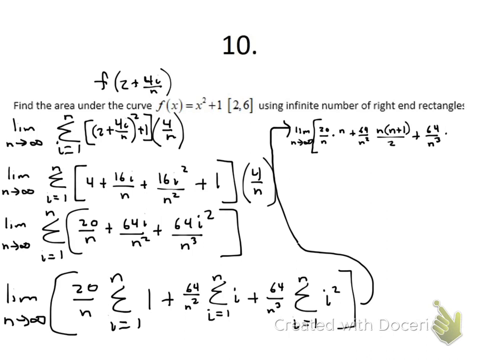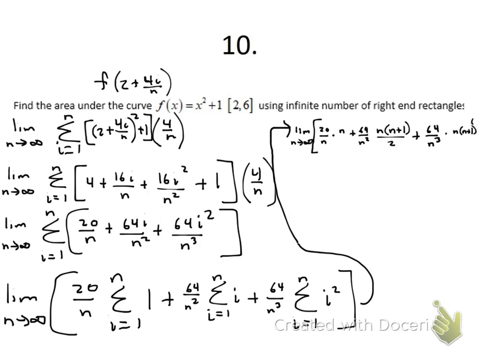And what's sigma of i squared? Anybody have it in their formulas? I gave you all of them. I don't even have it memorized. That's i squared, isn't it? Yeah. n times n plus 1 times 2n plus 1.